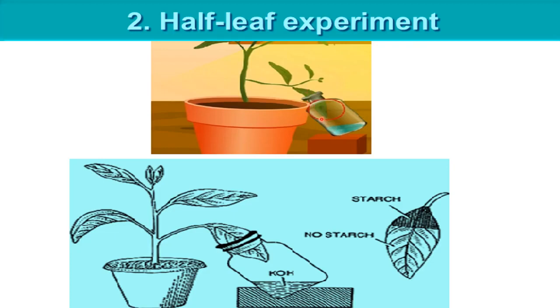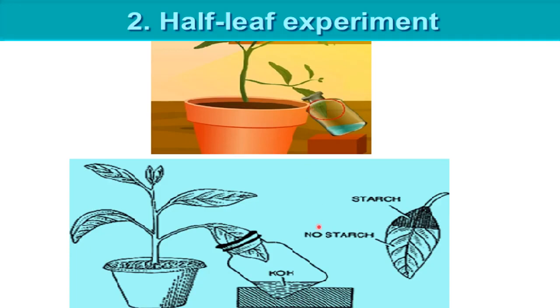Okay, this flask was taken here and with the help of a cork it is completely closed, and in this KOH solution this half part of leaf was dipped. Okay, and KOH is mainly for the absorption of carbon dioxide. Okay, this KOH solution will absorb the carbon dioxide. It means for the half part of the leaf carbon dioxide is not available.